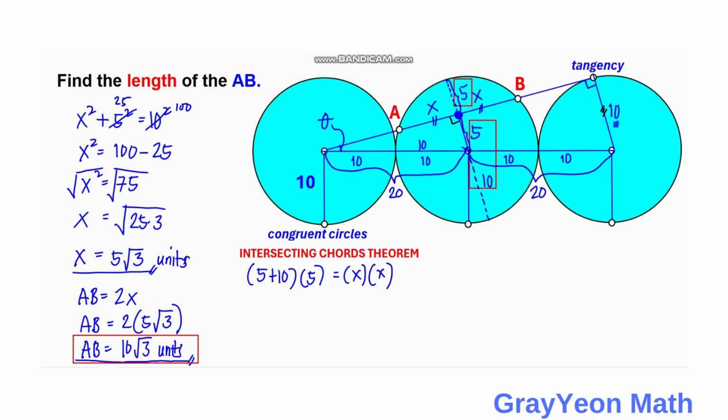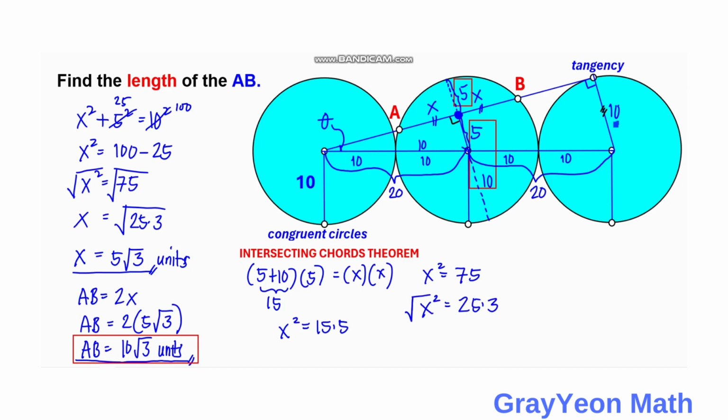So x squared is equal to 15 times 5, or x squared is equal to 75. And 75 can be written again as 25 times 3.